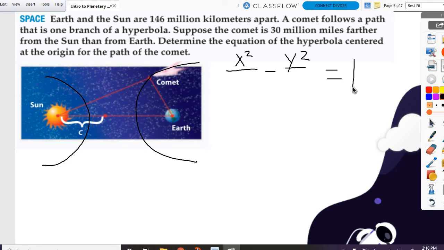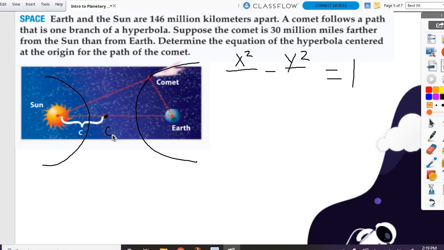Now, notice that they tell us that the Earth and the Sun are 146 million kilometers apart. Because, again, drawing is not super great, this really should be my center.